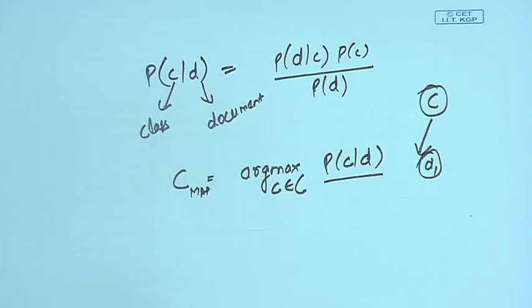Suppose I want to generate a review: first you decide whether you want to generate a positive or negative review. The class comes first and then for that class you generate the document. That is how the probabilities flow. So you can find the probability of a document given the class from the generative model.